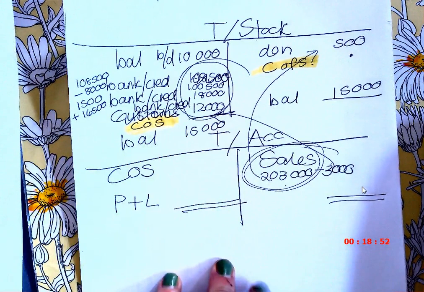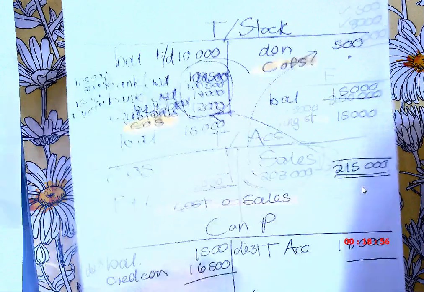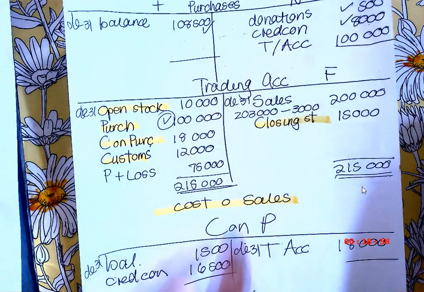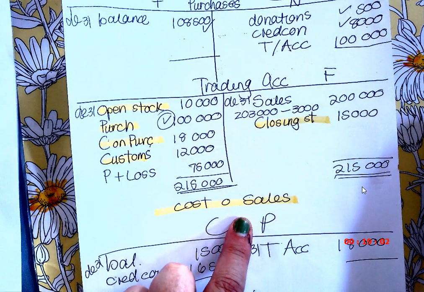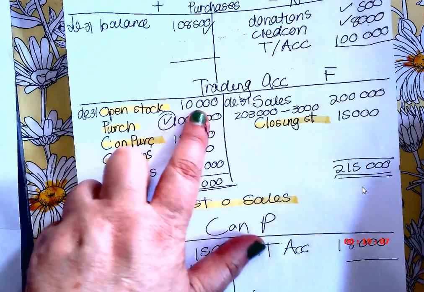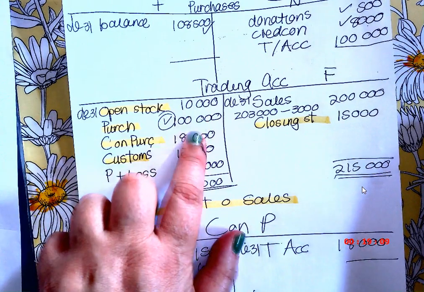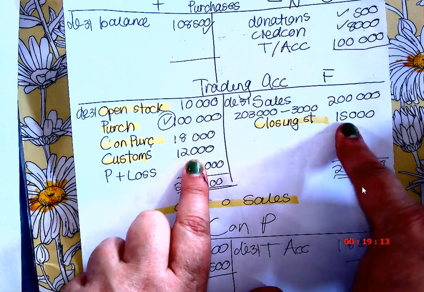Okay. I will put this back up. If I go to this cost of sales, can you calculate this cost of sales? How will you calculate it? 10 plus 100 plus 80 plus 12 minus 15.